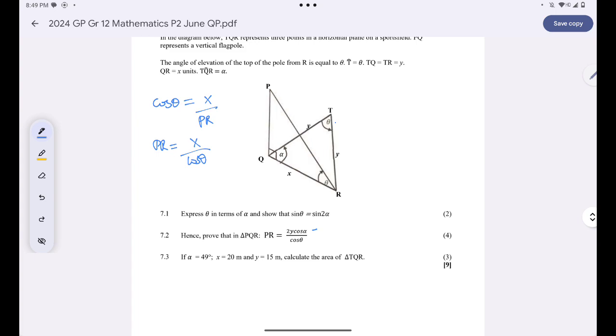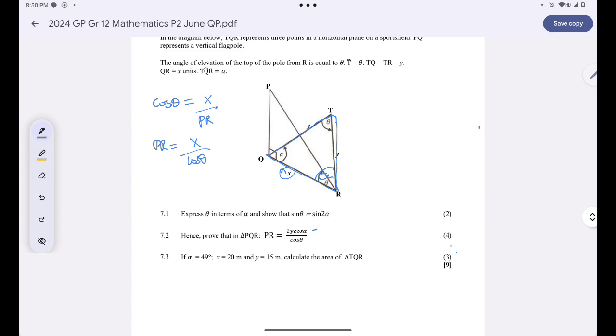If I go to this triangle, right, that angle there is alpha as well, no? I can use the cosine rule to find the value of x, right? How can I do that?